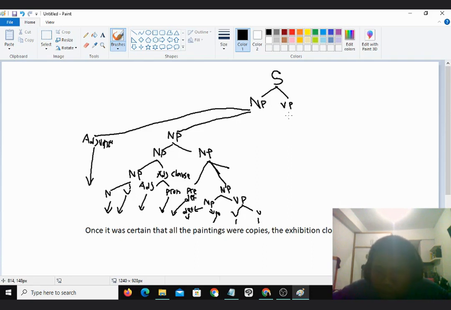I split the verb into two things: a determiner and a noun phrase. I think, let's see, "exhibition closed". Well, I'm going to consider this as a verb phrase.